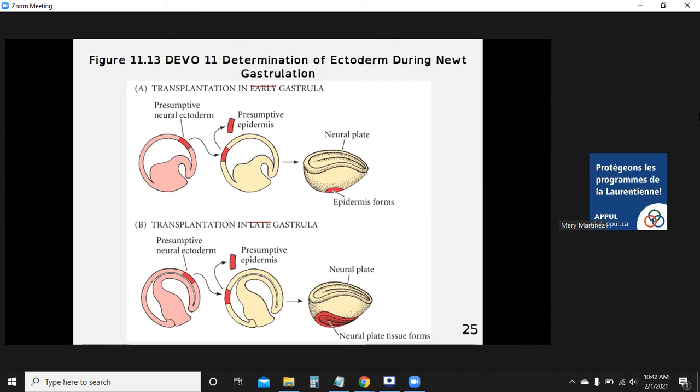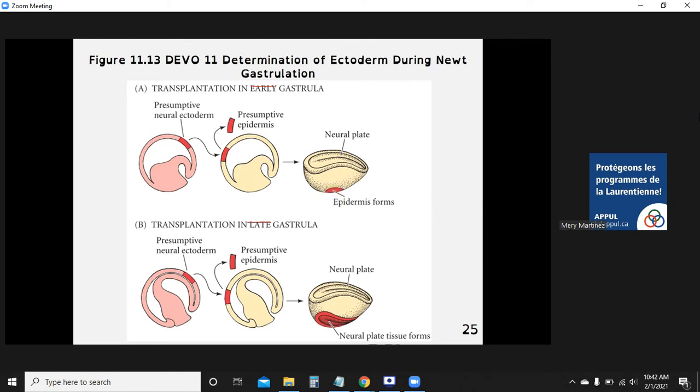So here in A, what we have is when presumptive neural tissue, in red here, was transplanted into the belly area. The ectoderm formed epidermal cells, which is what we have here.